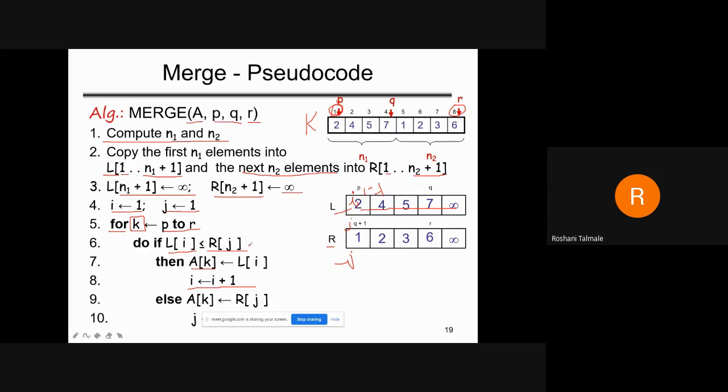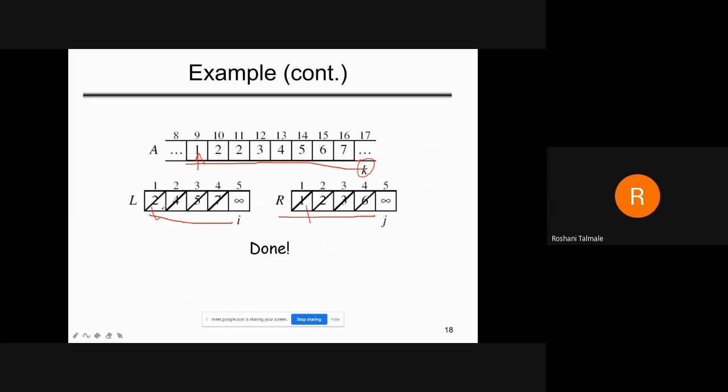If this condition is false, then else we put the J value into A of K. For example, in the previous case, 2 is not less than 1, so R of J is smaller. So we keep this value into A of K. Remember this.